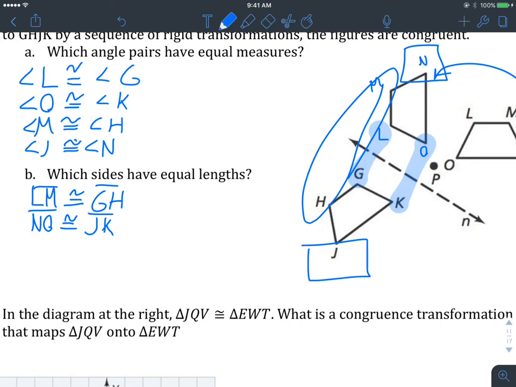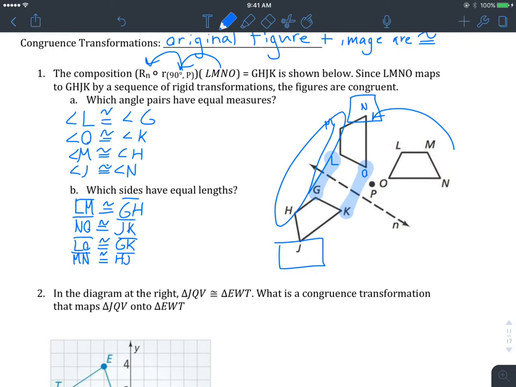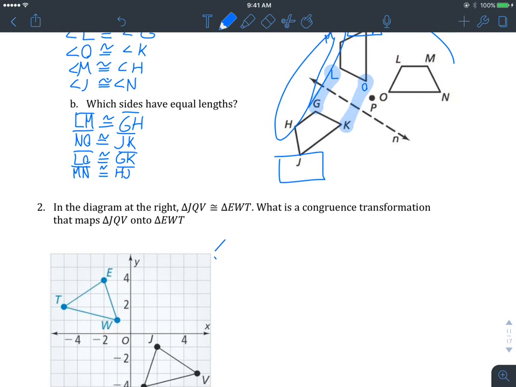All right, I'll go with the side LO. That's going to be congruent to GK. And then the last set of sides, MN, is going to be congruent to HJ. There you go. So it's just figuring out what corresponds with what there.